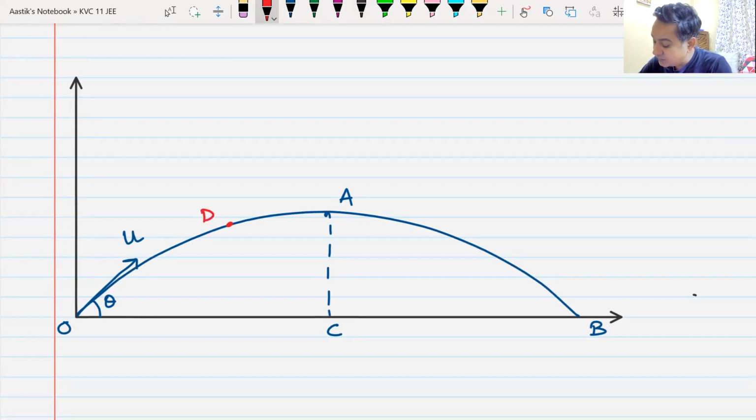Now at this point D, what will be the direction of velocity? I told you that many times. At this point D, how will the body be moving? In which direction does the body move? Can anyone tell me?